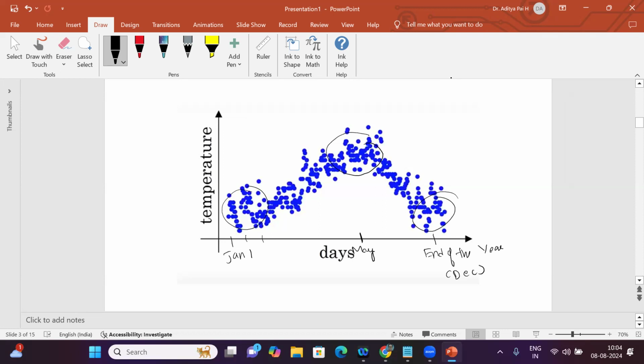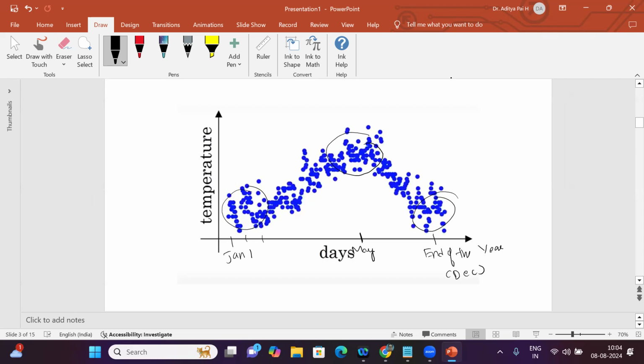You can see that it is somewhat noisy, not completely pure data. There is some noise in this particular data also. So for that reason, we'll have to remove those noises.